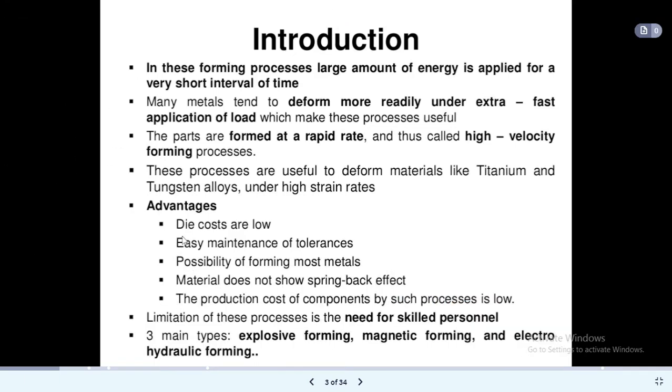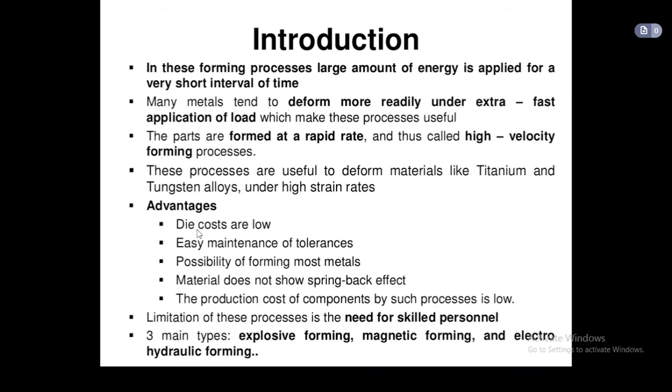The first advantage is that the die costs are low. The cost of the die is low if we compare it with conventional forming operations. If we compare the conventional forming process and the HERF process, then the cost of the die is less in the HERF process.